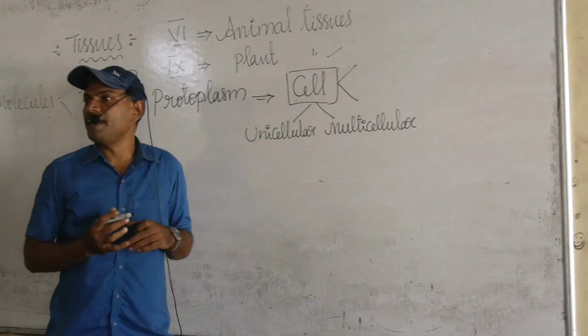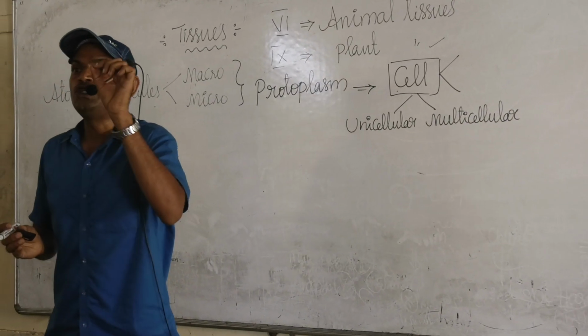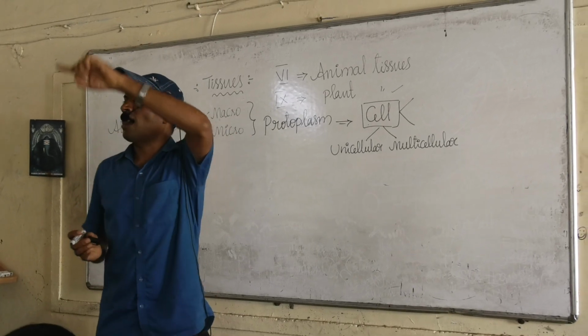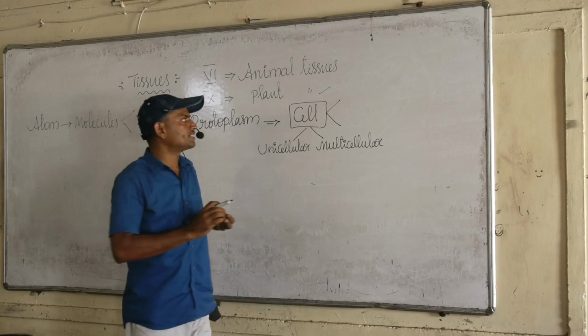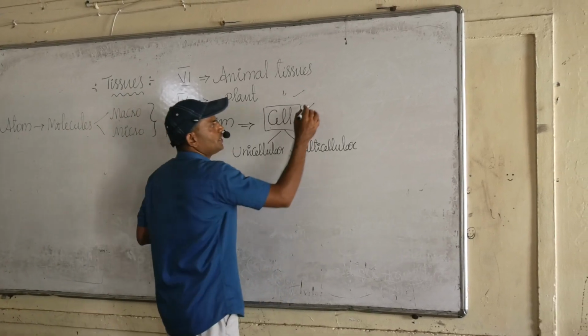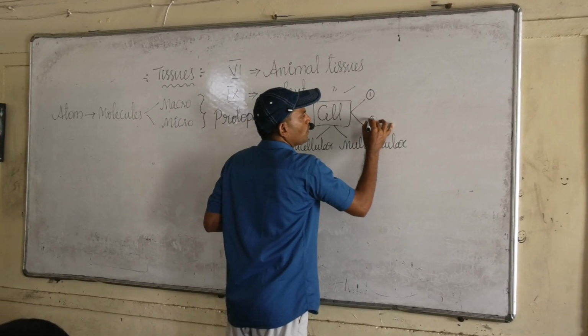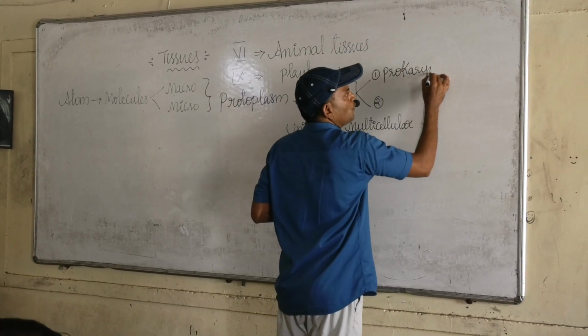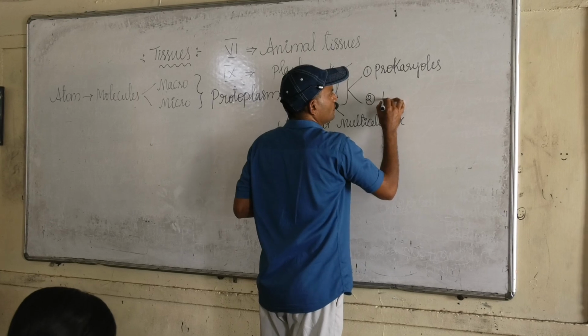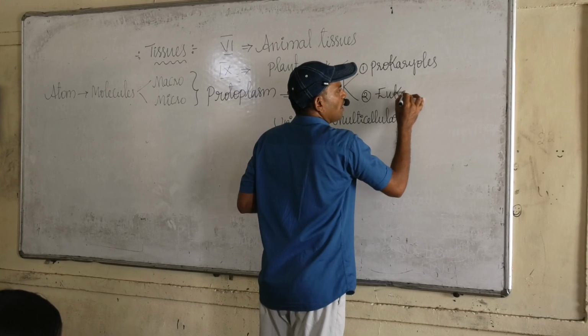Depending on the presence of a nuclear membrane around the nucleus, we have divided the organisms into 2 groups: prokaryotes and eukaryotes. Okay. So this is the topic we have already discussed.